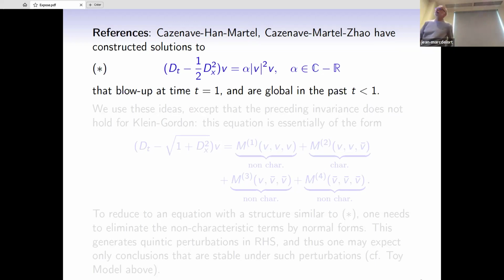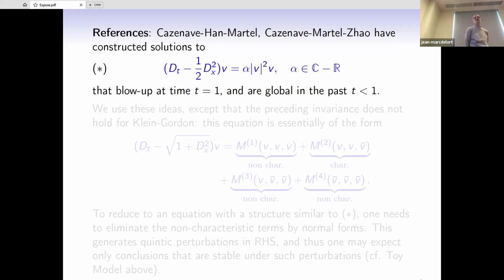So you consider a Schrödinger equation, capital D_t minus 1 over 2 capital D squared v equals alpha modulus of v squared, where capital D is, of course, 1 over i d over dx. So if in the right-hand side alpha is real, one should understand the condition that alpha is real as a sort of null condition.